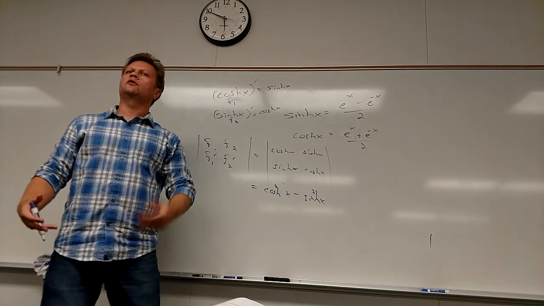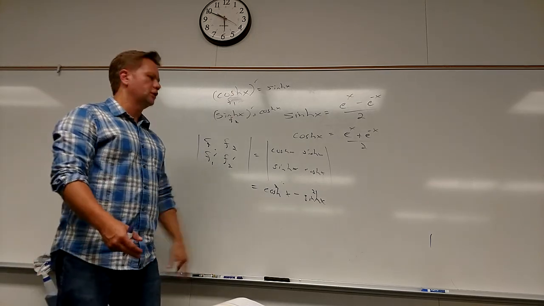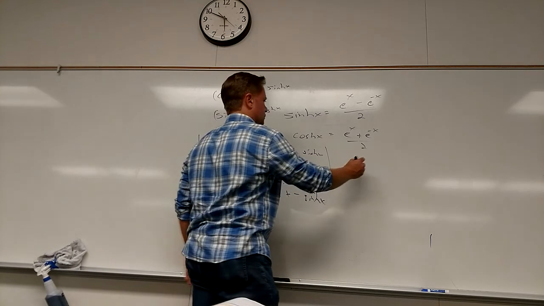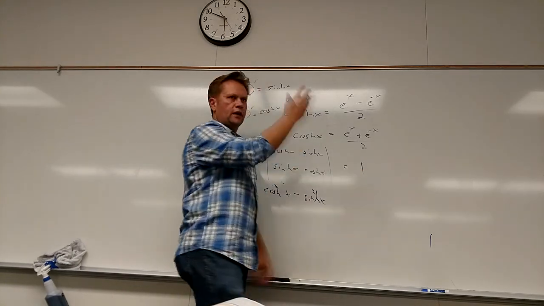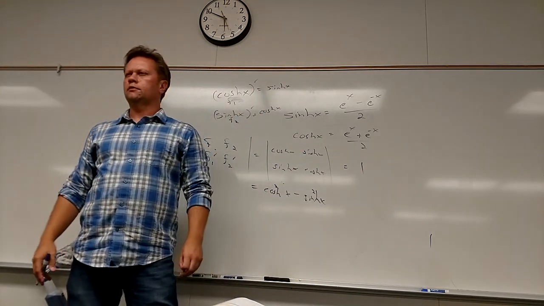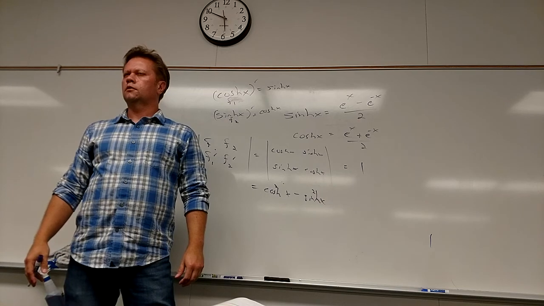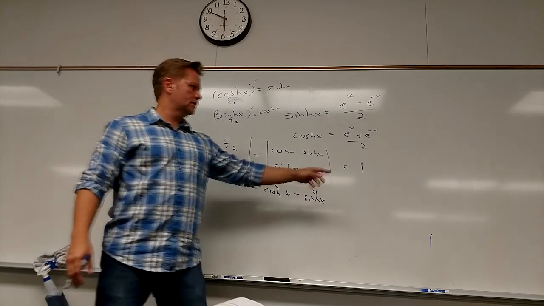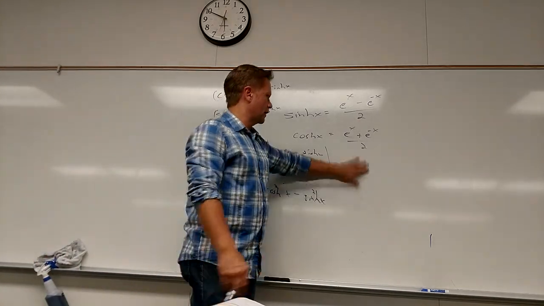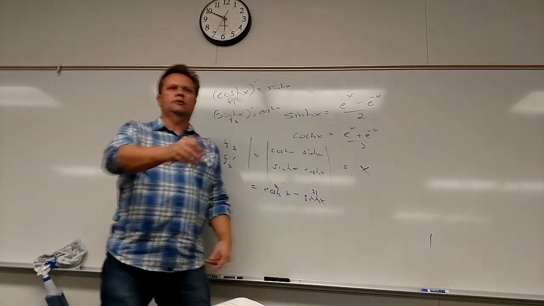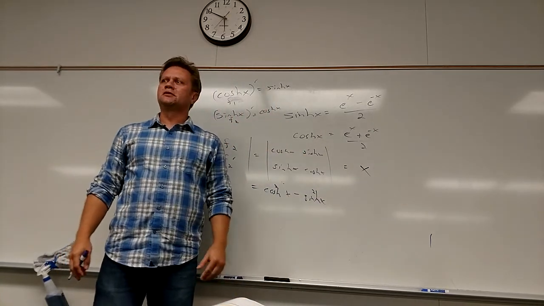What am I looking for? For example, if I do the Wronskian and I get a constant, if I got 1, what does that mean? They're linearly independent, because when is this 0? Never. If I got x, they're independent as long as x is not 0.